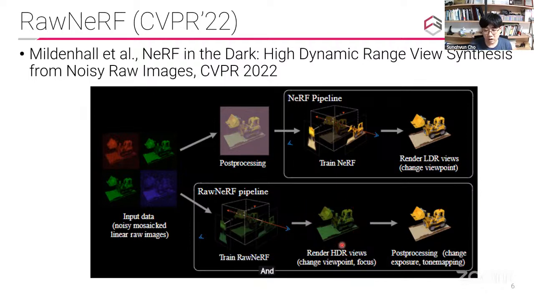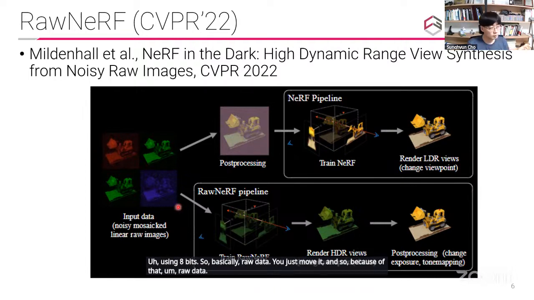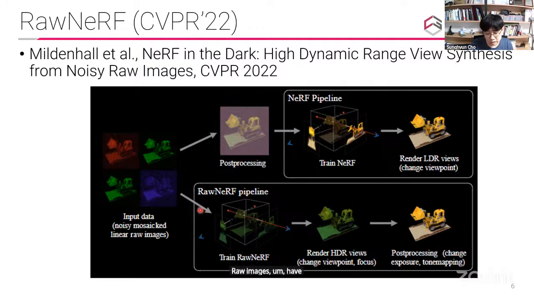Why this is called HDR views is because raw images usually have larger dynamic ranges than sRGB images. Raw data are usually represented in 10 or 12 bits or sometimes 16 bits. On the other hand, sRGB images in JPEG are represented using 8 bits. So basically, raw data uses more bits, and because of that, raw images have larger dynamic ranges.